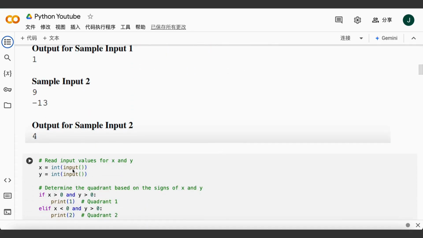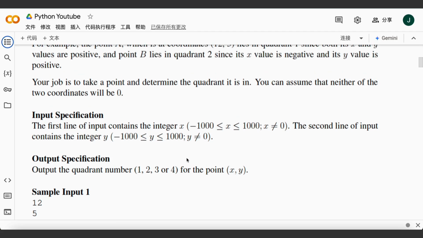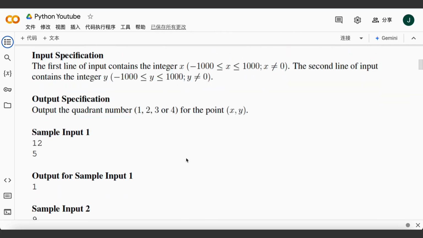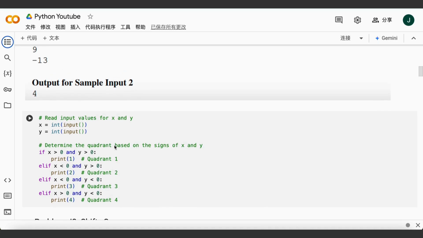So if x is outside of minus 1000 and 1000, or if x equals 0, then we can ask the user to re-input the x value, right? So that's something we can do to refine our answer here, but we already have very basic logic, so that's just a hint for you to solve the problem above.